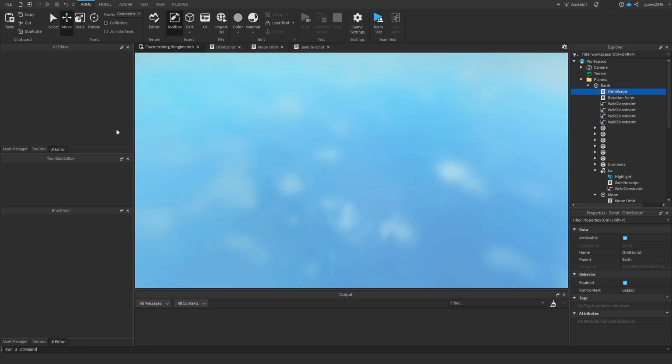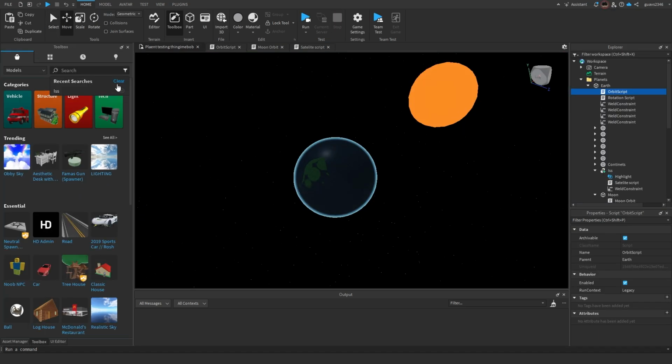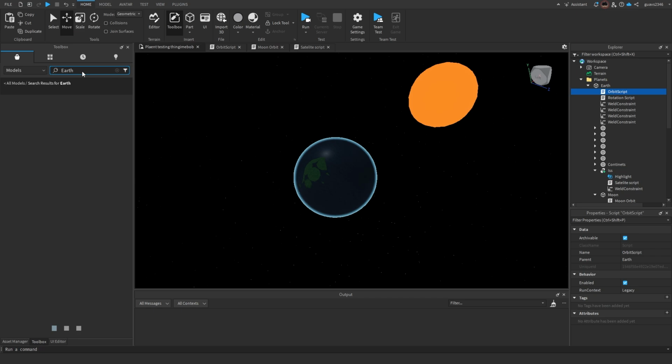Oh, what if we add clouds? Like a cloud decal. Let's see if there's any Earth models.